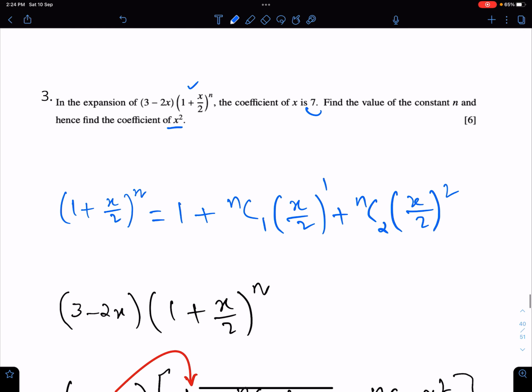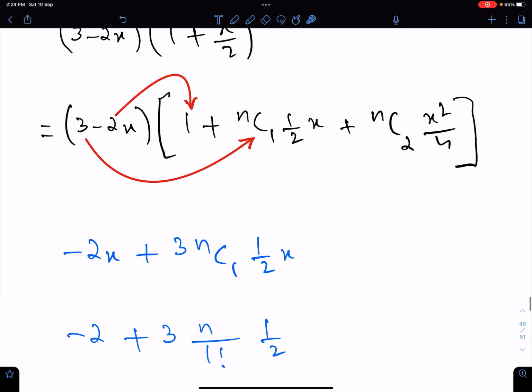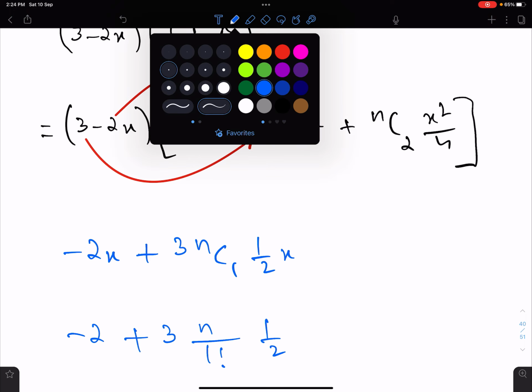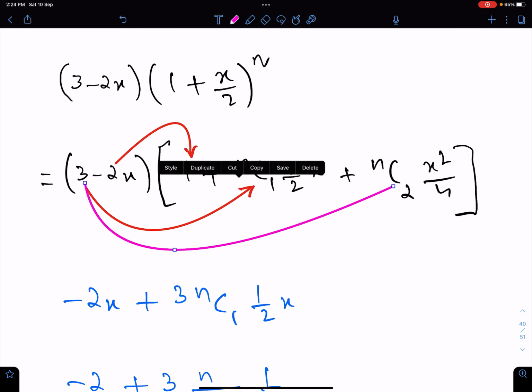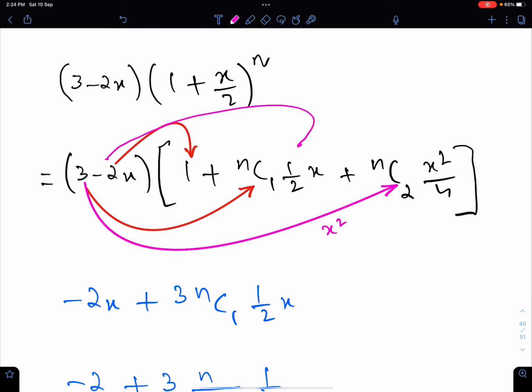Now the last part of this question is find the coefficient of x square. For the coefficient of x square, you need to multiply the terms which will give you x square. So you need to multiply 3 with this for x square, and minus 2x with this.